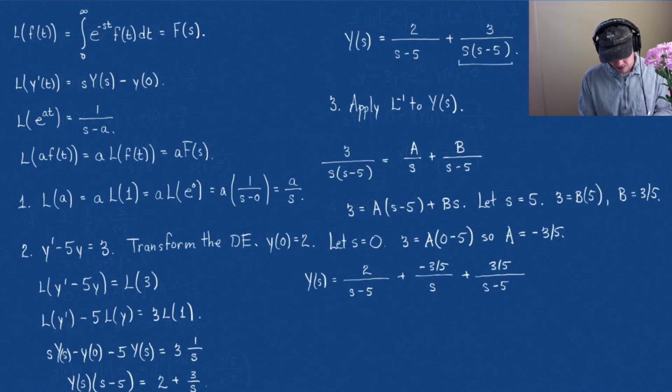When we do that, we get y of t equals, now remember the 2 is just a scalar, so that doesn't affect the Laplace transform. Let me write one more step.